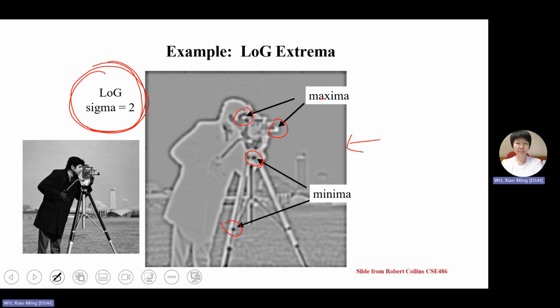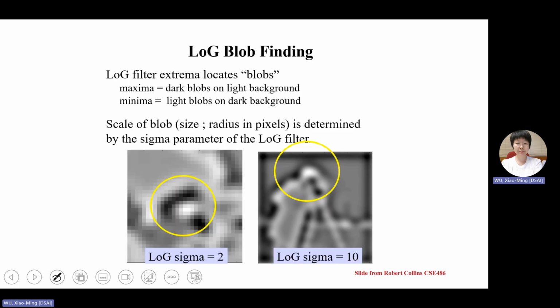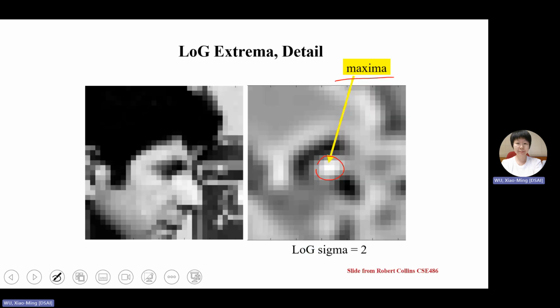The white points here represent the maxima value when LOG sigma is 2.